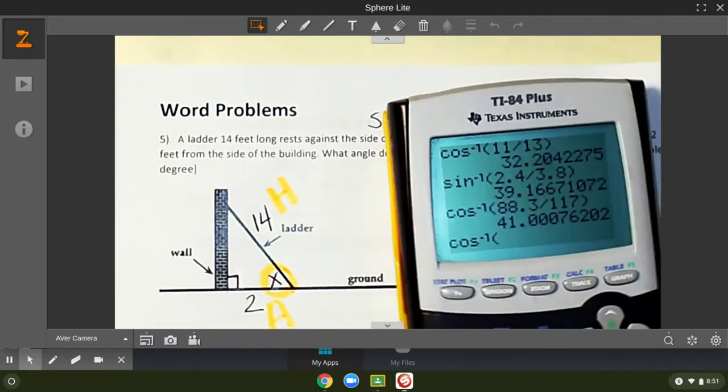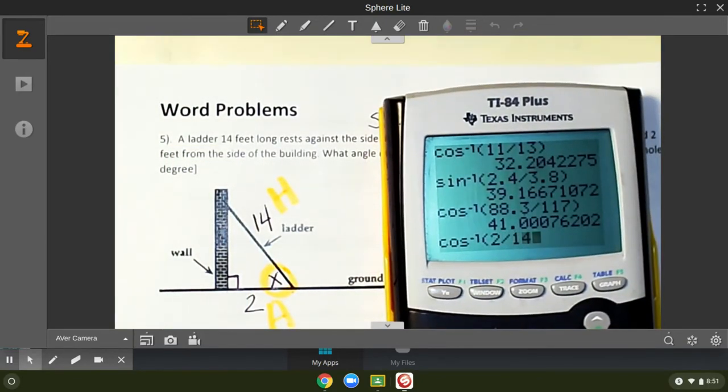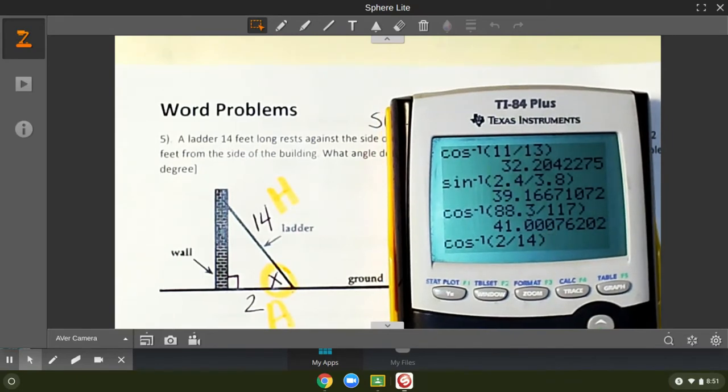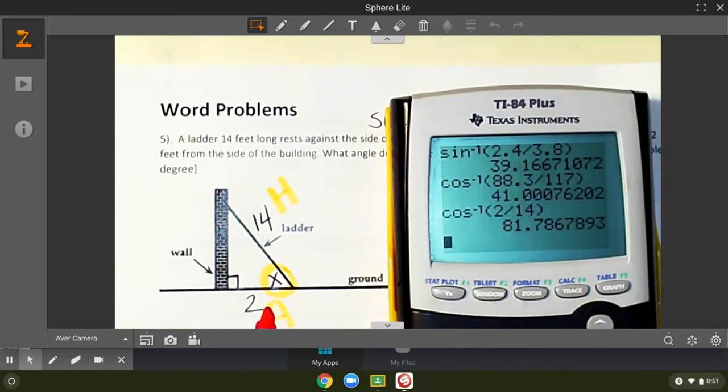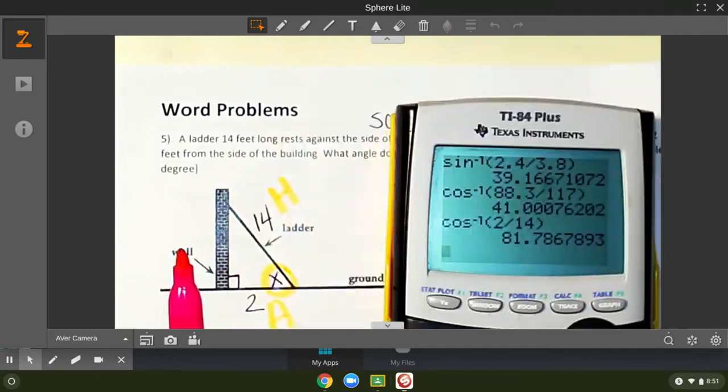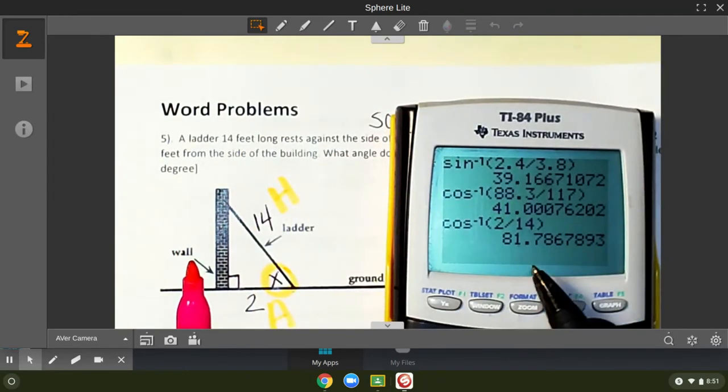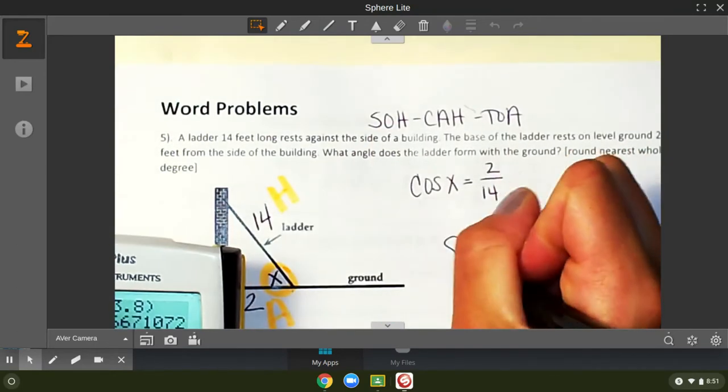And then we type in 2 divided by 14. We hit enter, and our angle is, let's see, where do they want us to round to? The nearest whole number. So what's the nearest whole degree? Well, 81.77 is bigger than 5, so that rounds to 82 degrees.